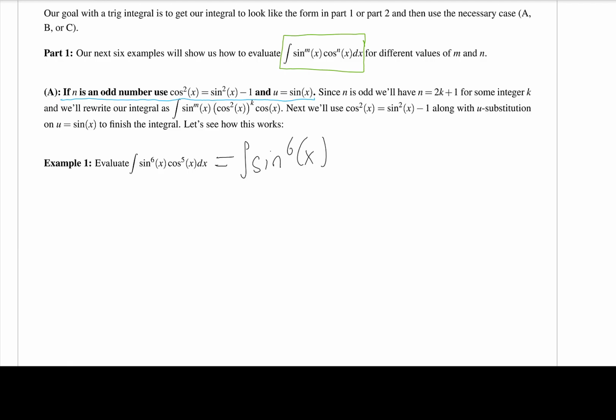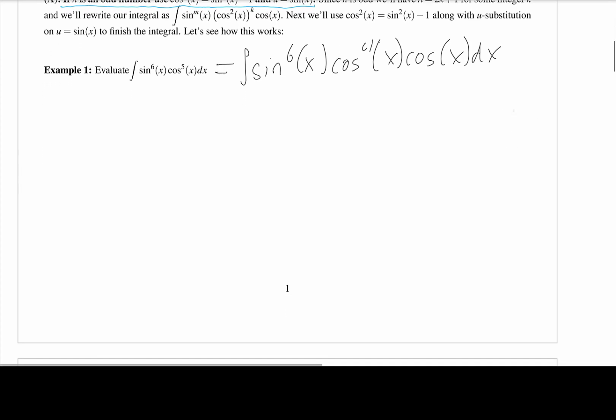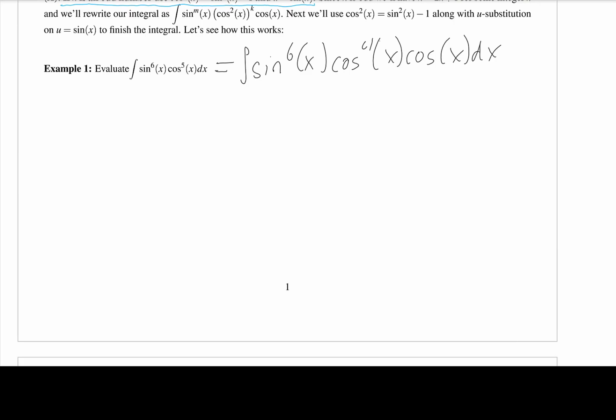I'm not going to mess with it. But cosine to the fifth of x, I'm going to rewrite this as cosine to the fourth of x times cosine of x, right? Right now, we should be thinking that I'm just doing witchcraft for no apparent reason. But we're going to see the reason here in a couple seconds. So we'll have sine to the sixth of x.